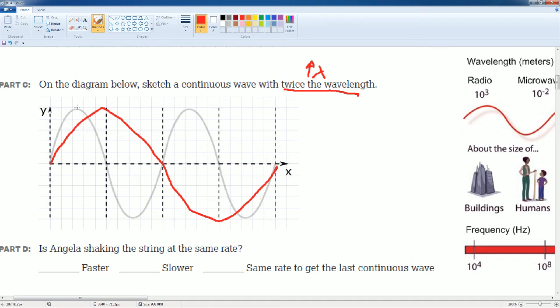So do you see how this, all the way here, was the original wavelength, lambda naught. The new one would be all the way from, we would have to continue it, this would be the new lambda. You see, it's twice as long. So it should look something like that.